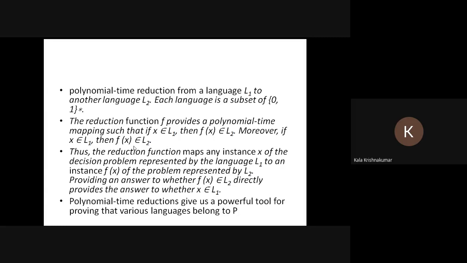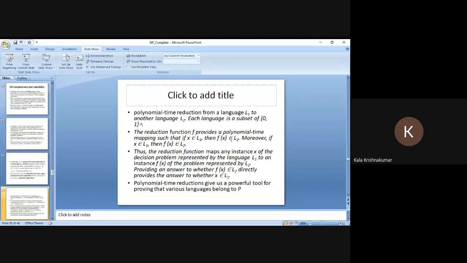Sorry, this one is not right. The reduction function f provides a polynomial time mapping such that if x is an element of L1, then f of x is an element of L2. And moreover, if x is not an element of L1, then f of x is not an element of L2.